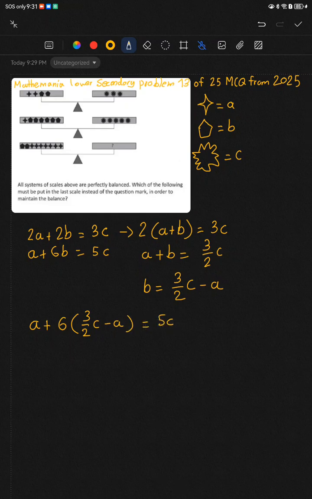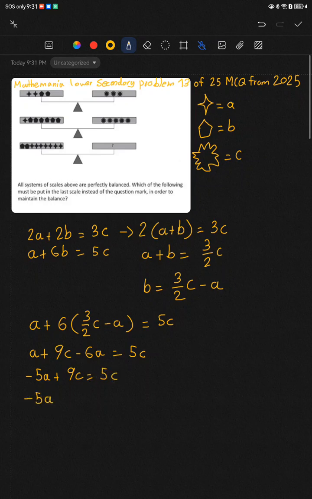If we expand this, we get A plus 6 times 3 over 2, which is 9C, minus 6A is equal to 5C. A minus 6A is negative 5A. So negative 5A plus 9C is equal to 5C.